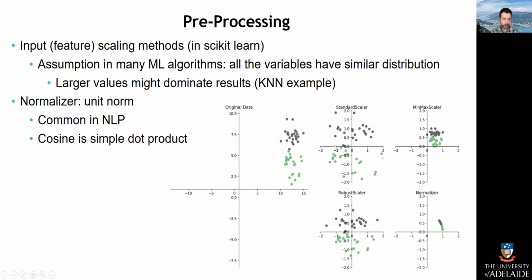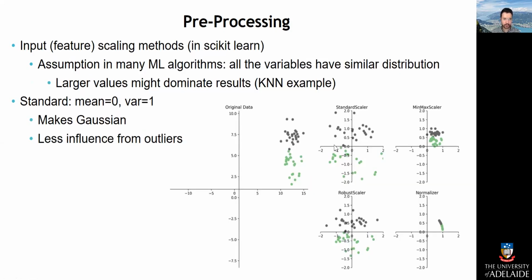The other kind of normalization that you can use is MinMaxScaler. What MinMaxScaler does is make sure that every variable has a range between 0 and 1. That might be a good thing if you know that you don't have a lot of outliers to dominate your decision.